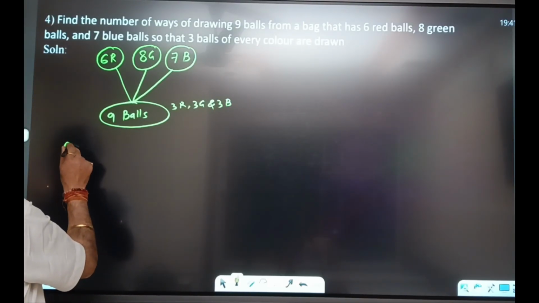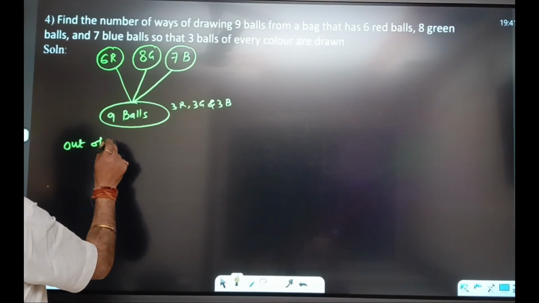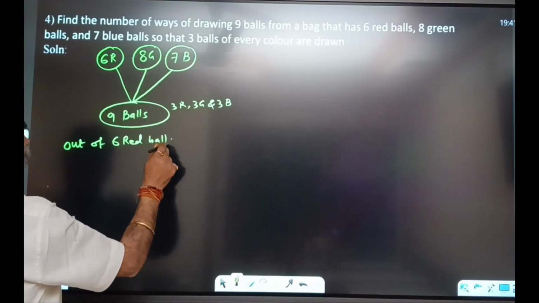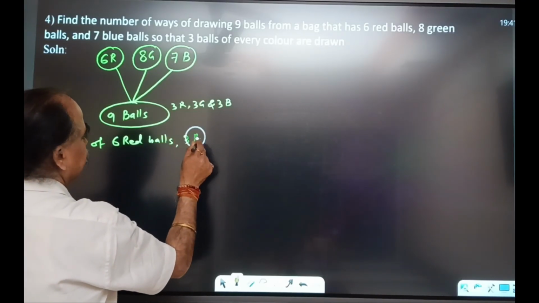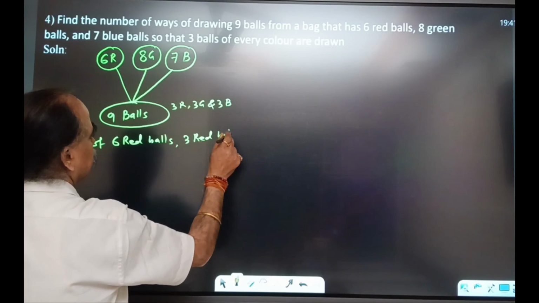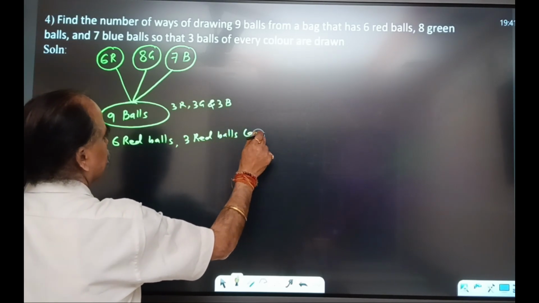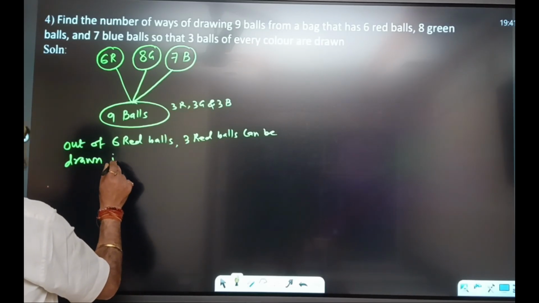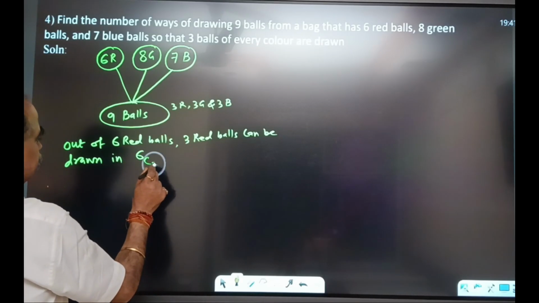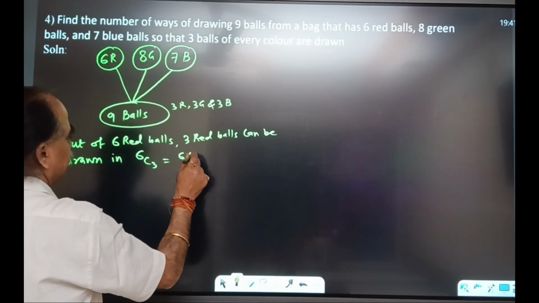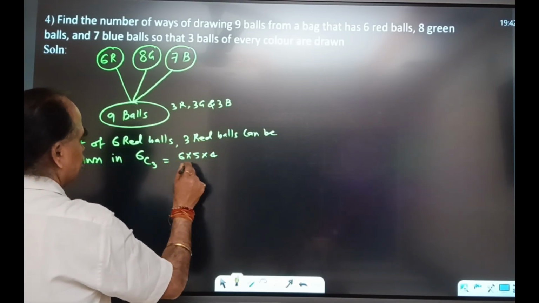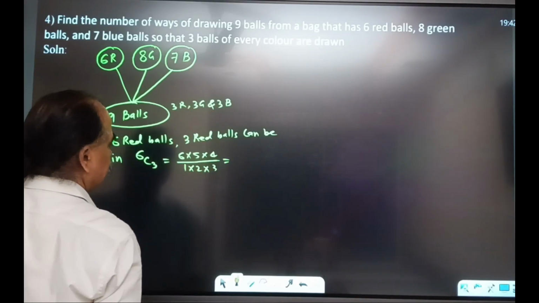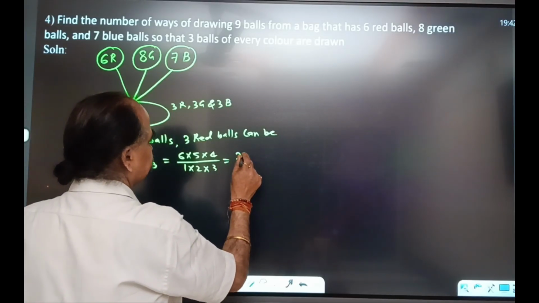Out of 6 red balls, 3 red balls can be drawn in 6C3, 6 into 5 into 4 upon 1 into 2 into 3. 6 will get cancelled, 20 ways.